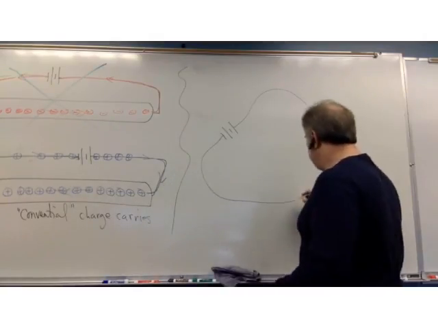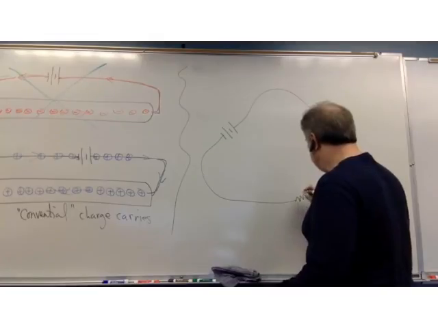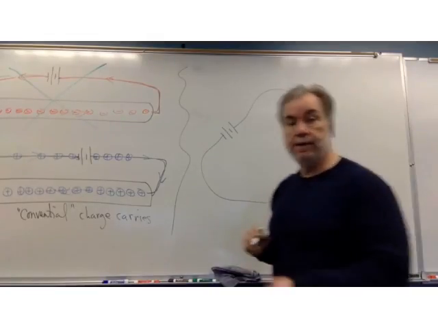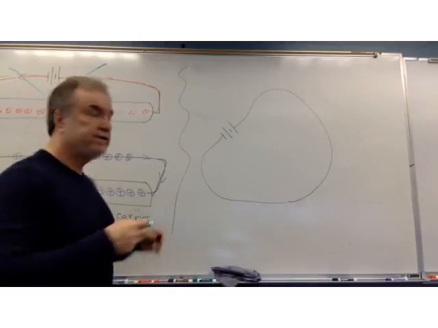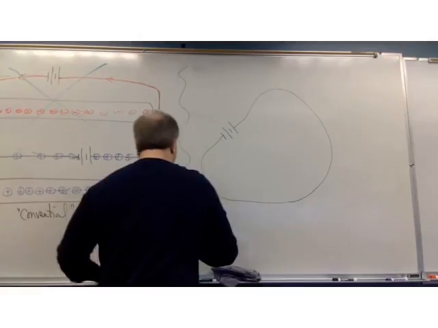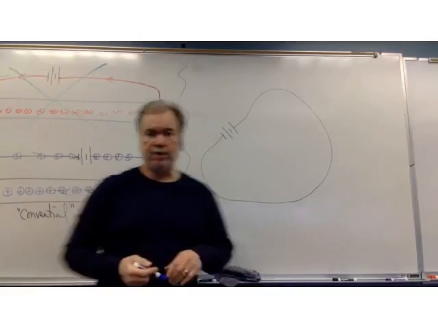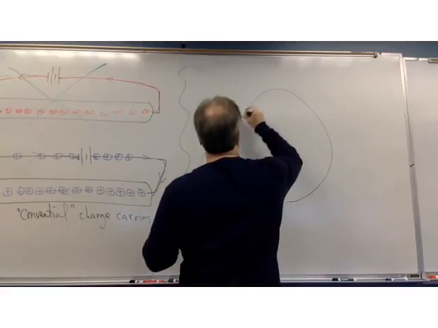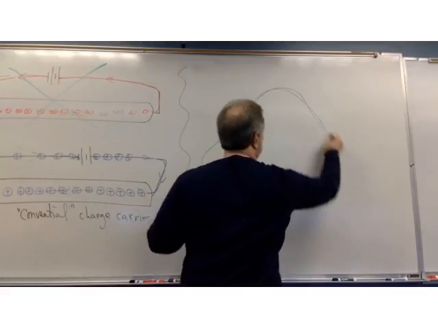Eventually we'll put a light bulb in it, but let's not do that yet. Right now we just have a piece of wire with, again, a battery. Now, with our choice here of conventional charge carriers, we know that the current is going to flow this direction around the circuit.